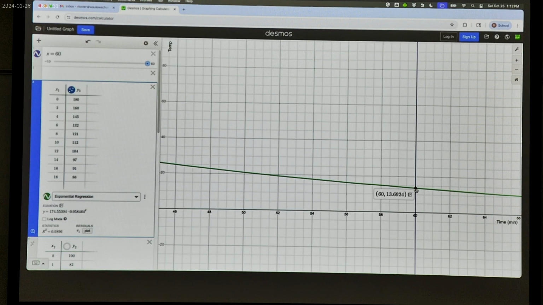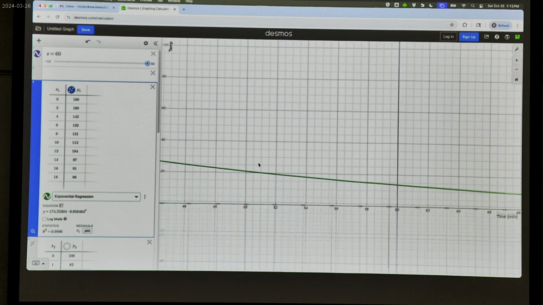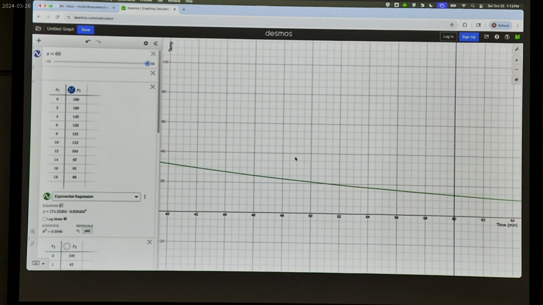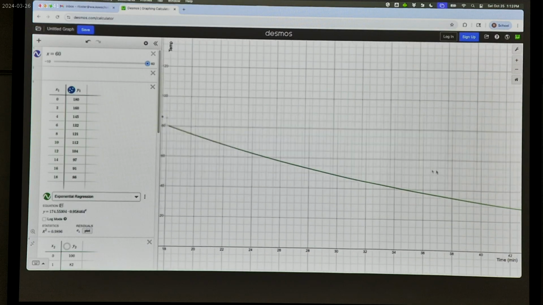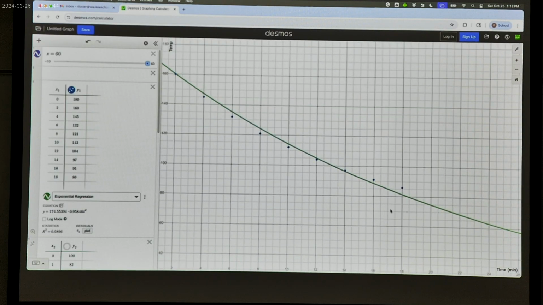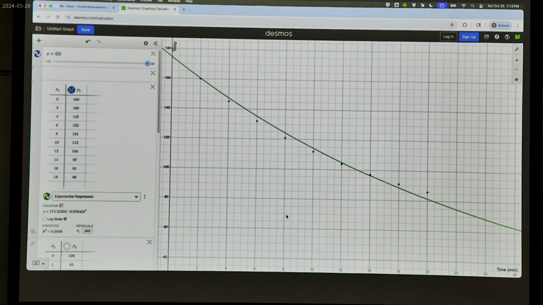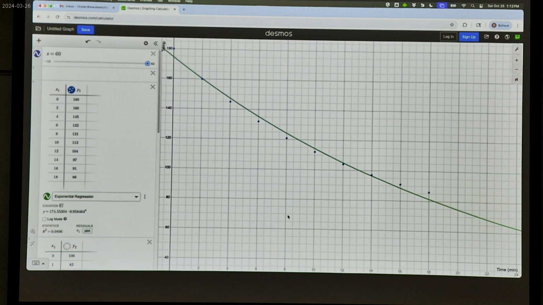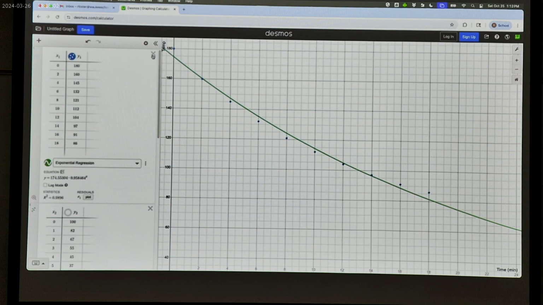That hot coffee is not going to drop below freezing in the room, and again, this is just one of those little artifacts that show you some of the limitations of data sets and data modeling. Because apparently, according to this, if you wait an hour, starting with a 180-degree cup of coffee, it will be frozen no matter where you leave it. So, yeah, that's pretty funny. I think it's pretty amusing here.